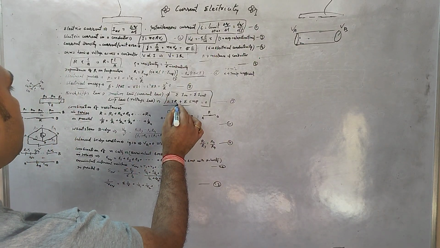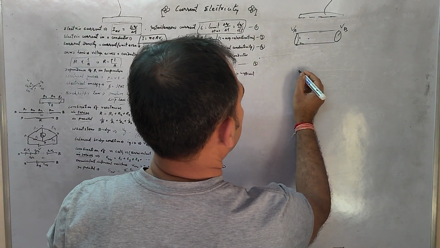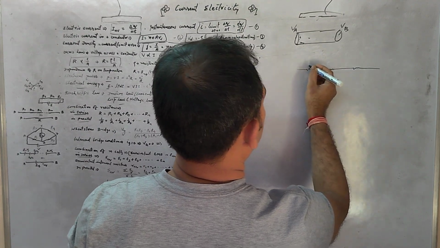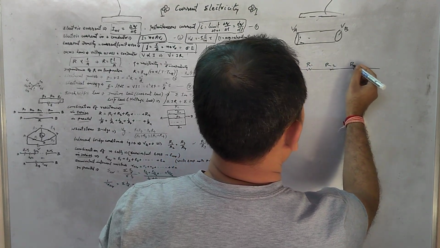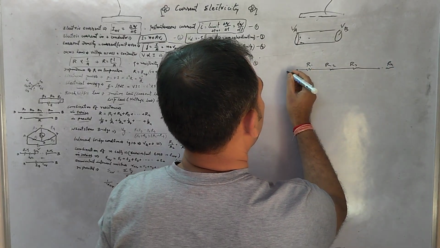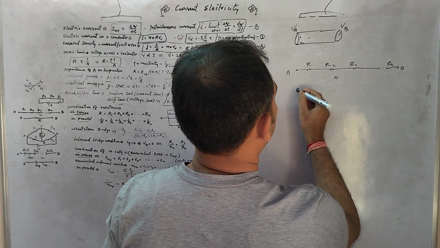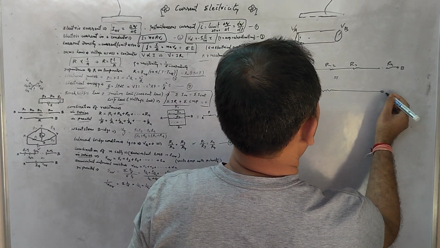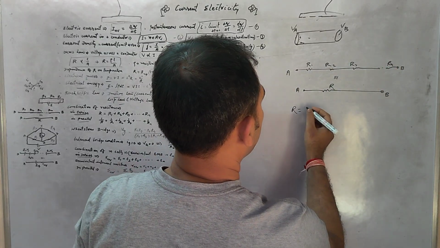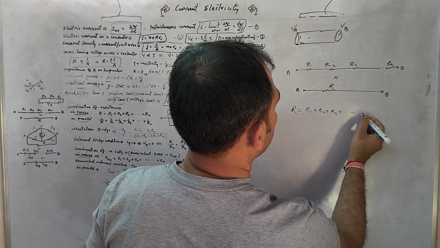Now comes combination of resistances. So, resistances in series: if there are R1, R2, R3, and so on, Rn between terminals A and B, and the equivalent resistance is R, then R will be the summation R1 plus R2 plus R3, and so on, plus Rn.